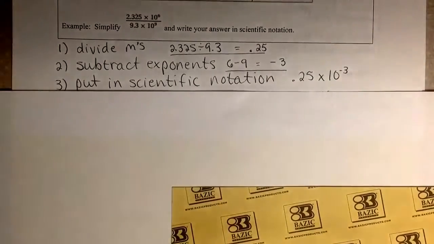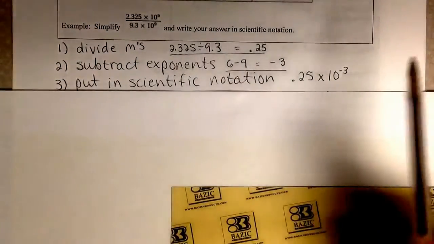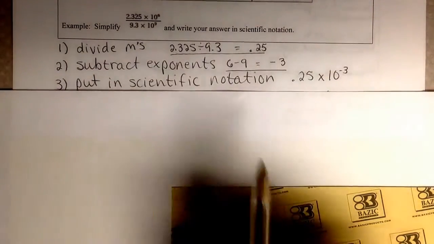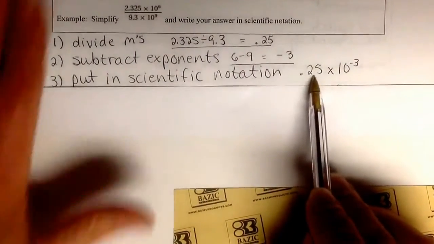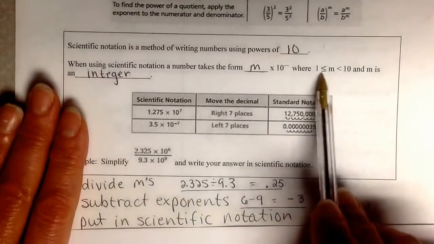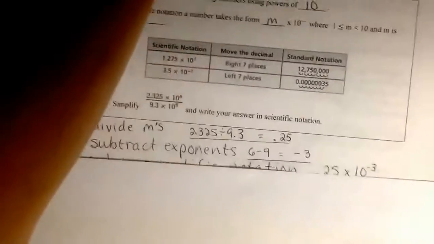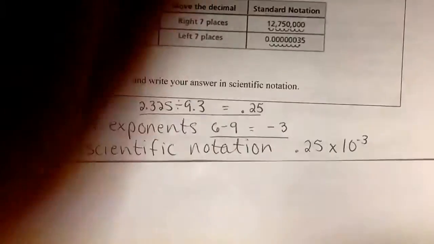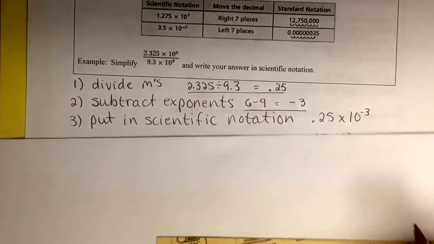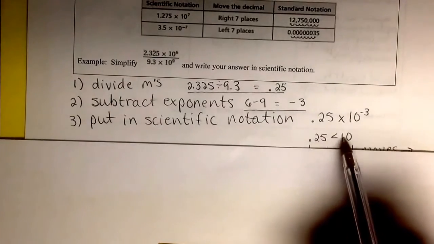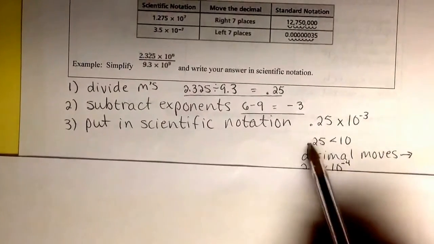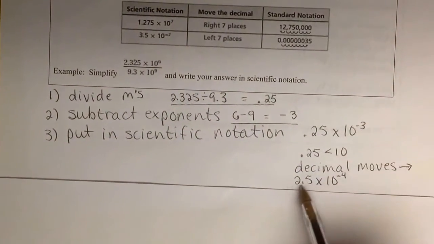When I put that in scientific notation, this is what I get, but that's not scientific notation because this number has to be, take that into consideration. So what I need to do is move this decimal place, because this is less than 10, I need to move the decimal to the right, which gives me 2.5.